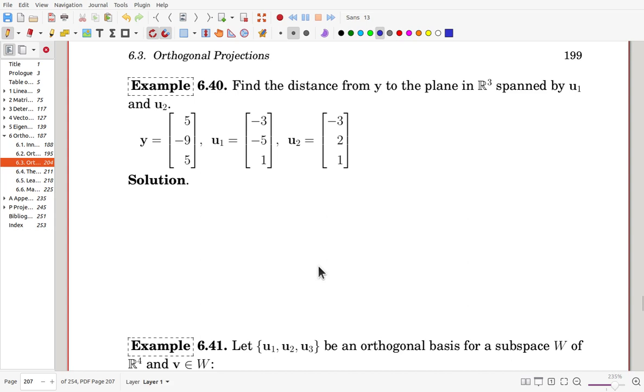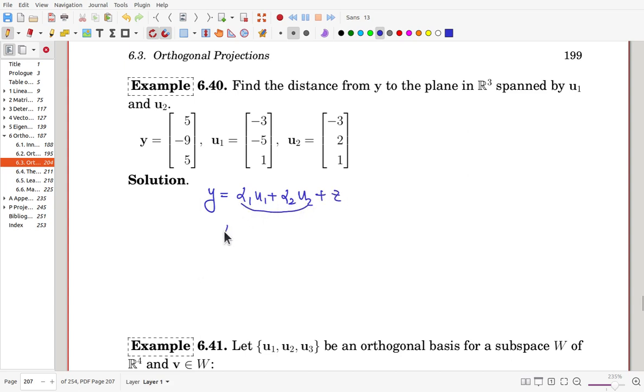Find the distance from y to the plane in R3 spanned by u1, u2. This problem is essentially the same as the last example. Anyway, here y must be alpha 1 u1 plus alpha 2 u2 plus z, and that is y hat.